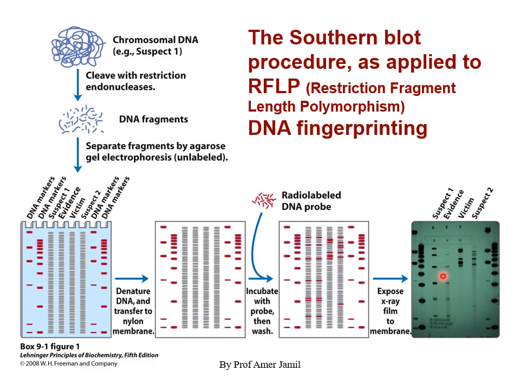And you can see very clearly suspect 1 is the culprit because it is the same pattern as the evidence DNA. So the basis of this restriction fragment length polymorphism is restrictions with the help of restriction enzymes in certain parts of the DNA.